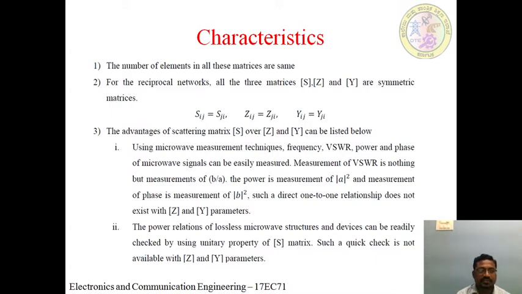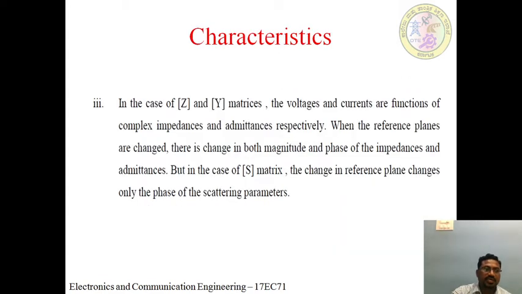Second, the power relations of lossless microwave structures and devices can be readily checked by using the unitary property of the S matrix. Such a quick check is not available with the Z and Y parameters. Third, in the case of Z and Y matrices, the voltages and currents are functions of complex impedances and admittances respectively.